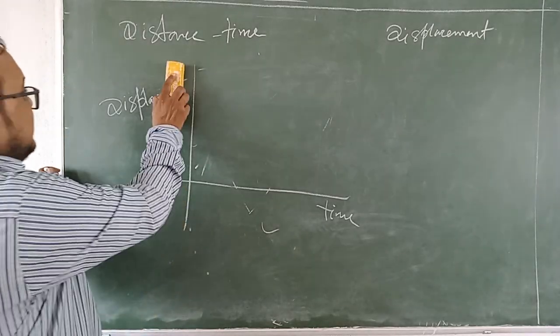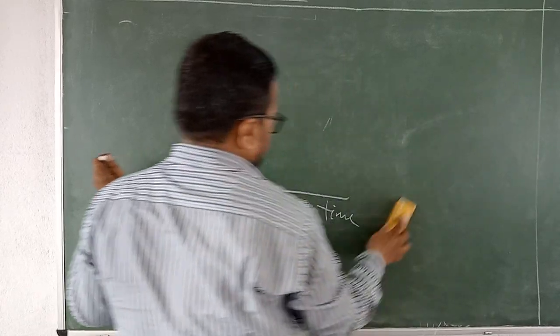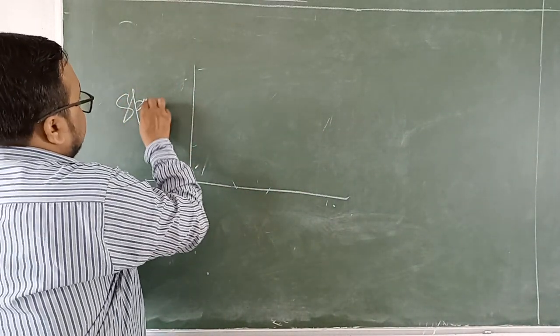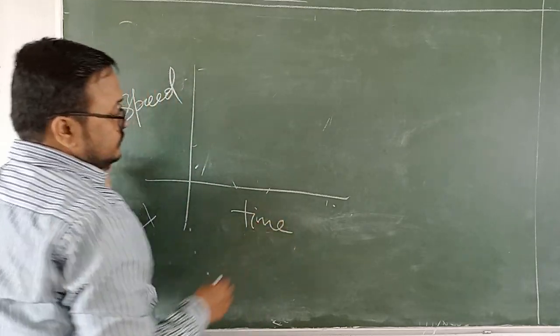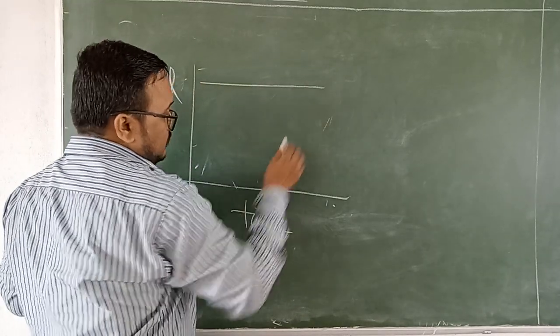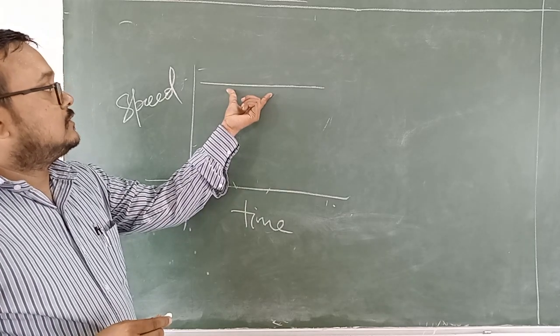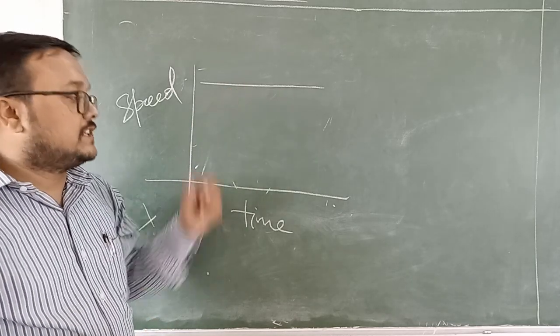Now we see the speed and time graph. If this line is parallel to time axis, then it is moving with constant speed.